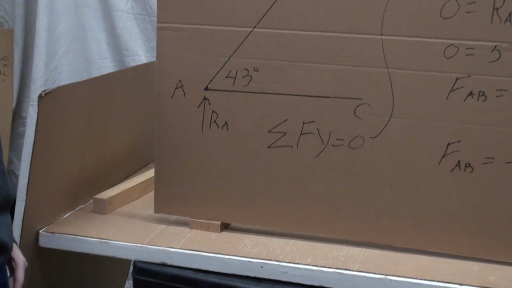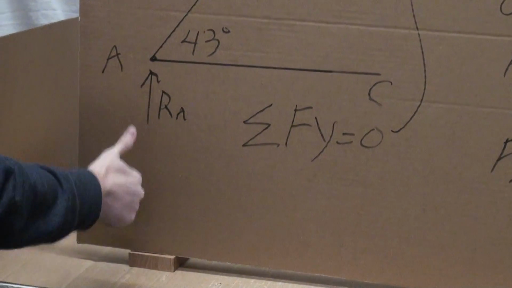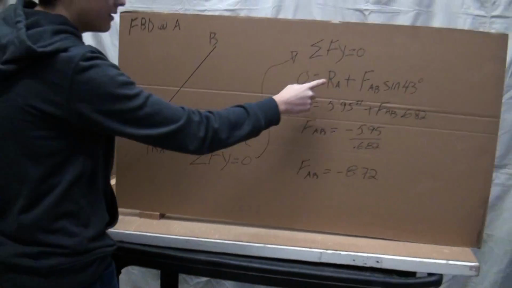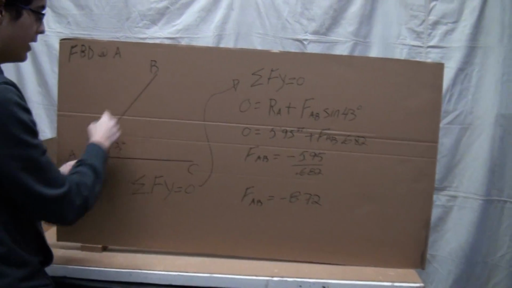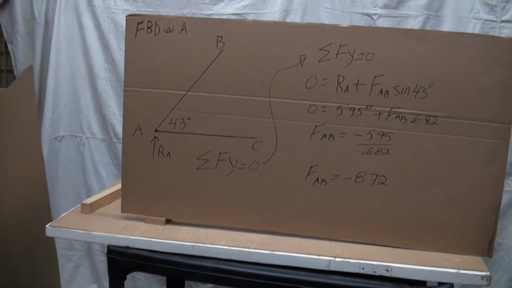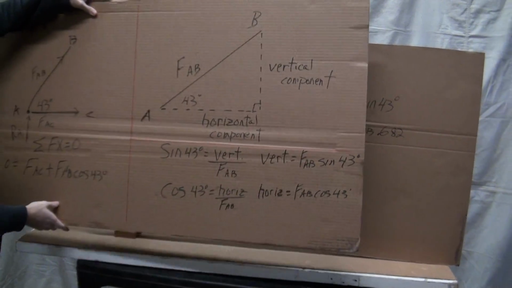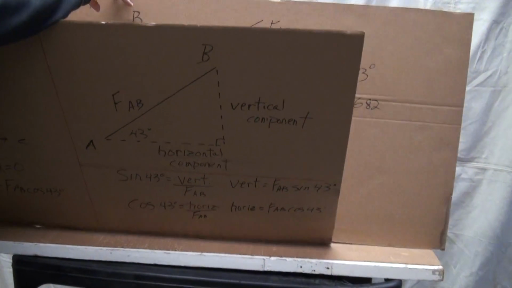What's that? RA. If you remember, RA is the reaction at point A, and it's upwards, plus the force between point A and B, sine 43 degrees. We use FAB sine 43 degrees because FAB is diagonal.